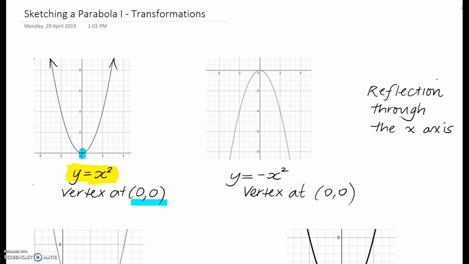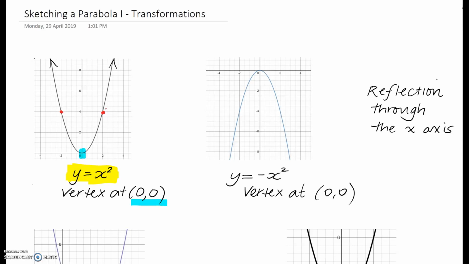If you compare the square of 3 and the square of minus 3, they're both 9. So that's going to give you your symmetry. So those 2 points we talked about, the square of 2 is 4 and the square of minus 2 is also 4. So that's where the symmetry is coming from.